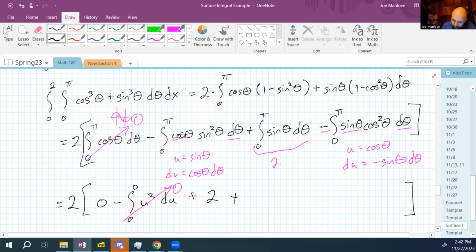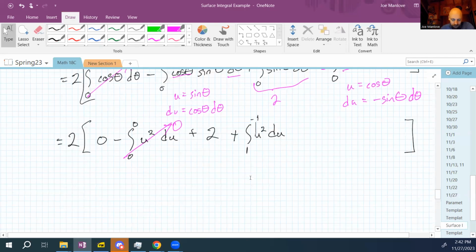So this is then going to be plus, integrating u squared du. And when I plug in 0, cosine at 0 is 1. And cosine at pi is minus 1. Weird. Okay, cool. So I guess out of that I get something.